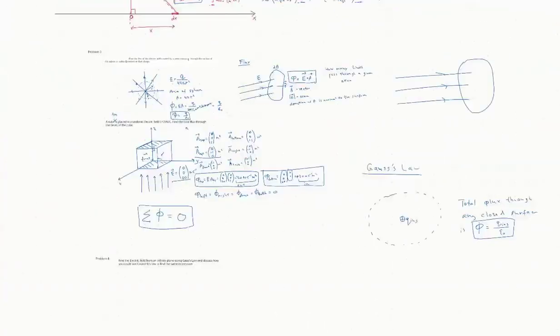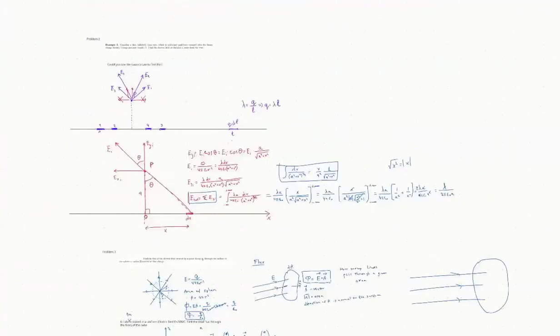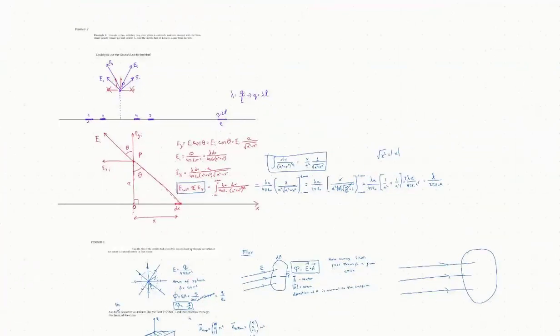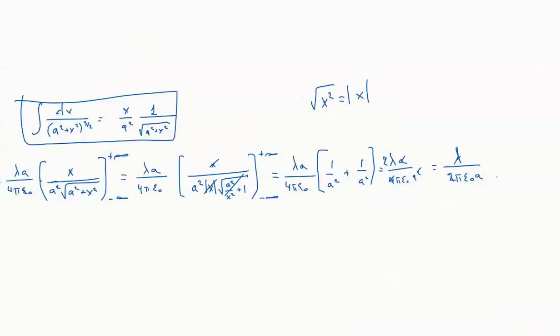Now remember how we used this wire. We wanted to find the field around the wire. And we ended up having an integral which, well, very few people can do off the top of their heads, basically.